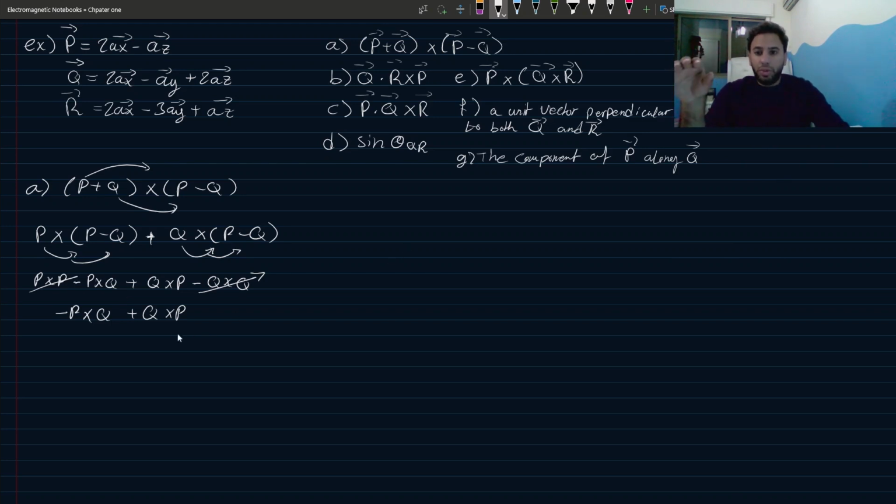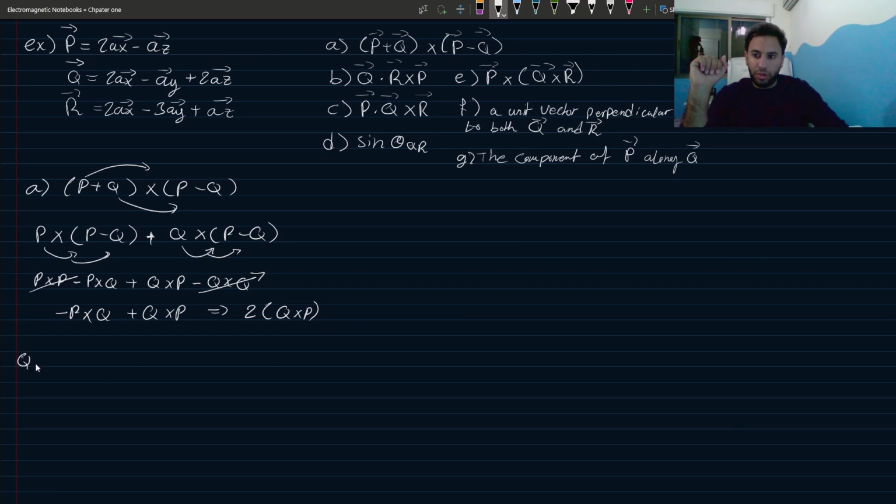So Q cross P does equal minus P cross Q. So we can say all of this is equal to 2 Q cross P. And now we only need to find the value of Q cross P and then multiply it by 2, and that is a much faster way than doing all of it straight up mathematically. So let's find the value of Q cross P.